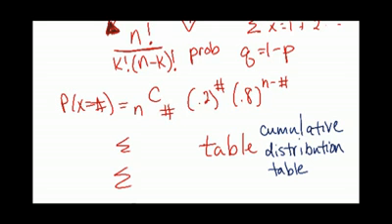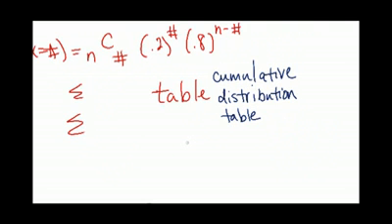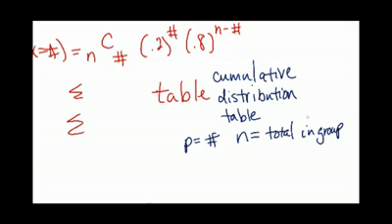Okay, so the way the table works is you'll need to know your probability, and then you'll need to know the number of people total in the group. And what you'll do is, once you find, this will be the one that chooses the table.